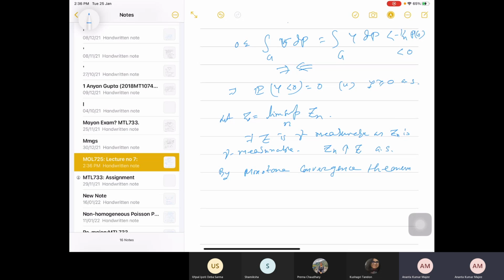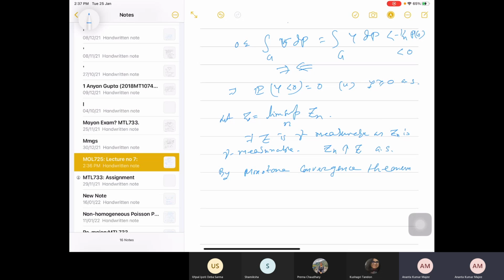Then I can interchange the integration and limit. That means the limit of the integral over omega of Zn is equal to the integral over Z. So we can interchange the limit and integral.